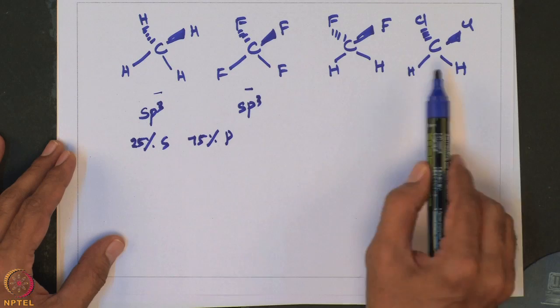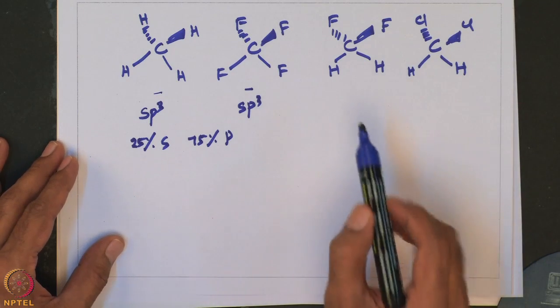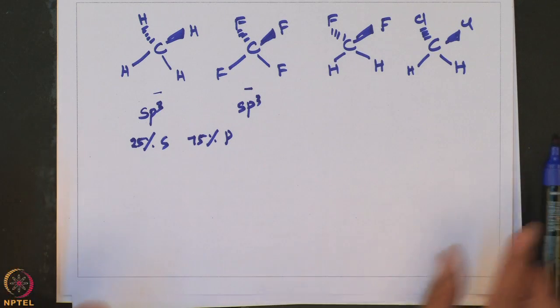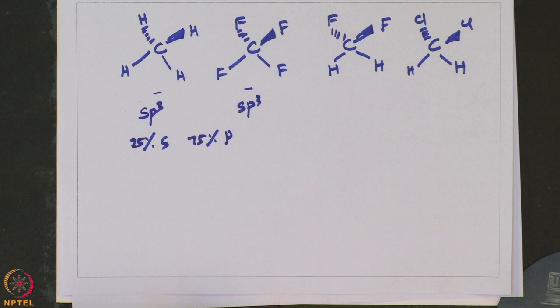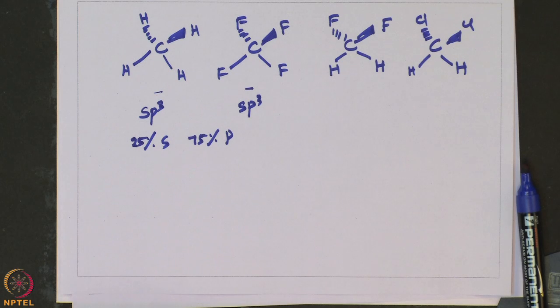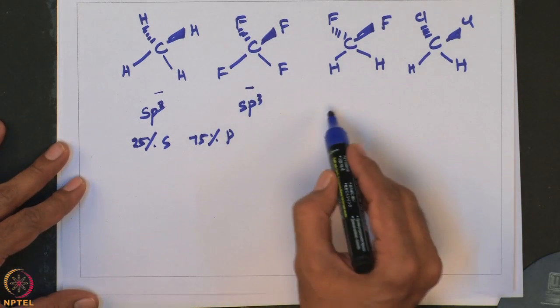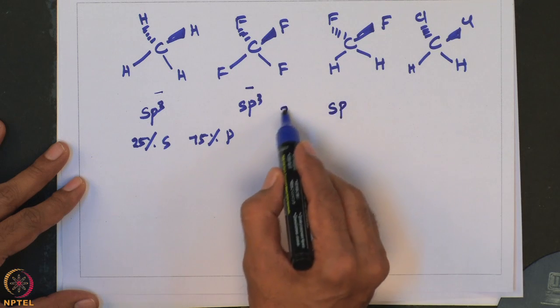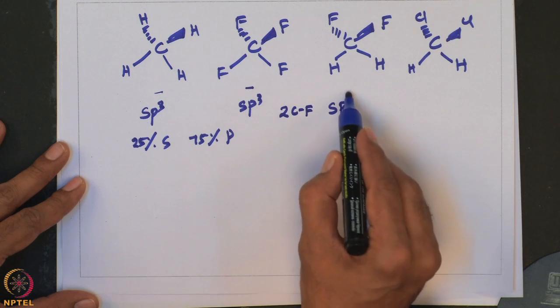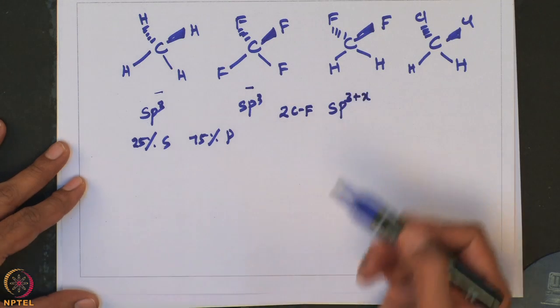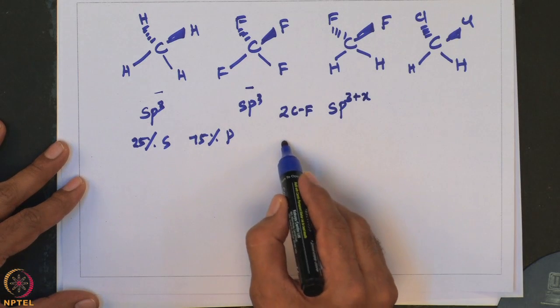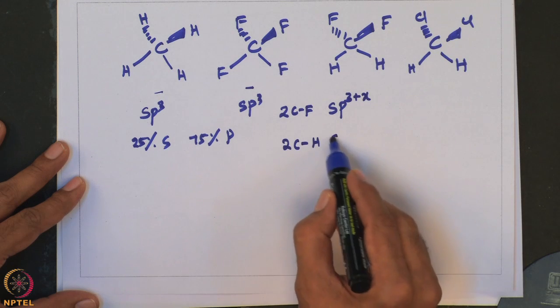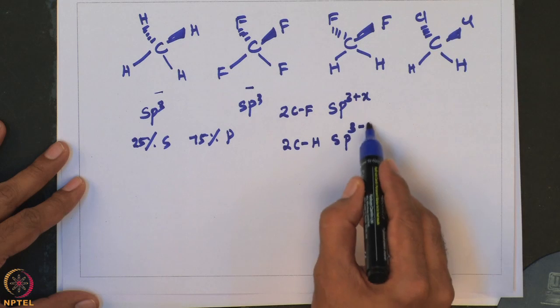But that is not the case when we go here. So, here according to Bent's rule, two CF bonds utilize sp3 orbitals having more p character, and these two CH bonds utilize orbitals having less p character or more s character. That means, I can write in this fashion: two CF bonds utilize sp3 plus x, and two CH utilize sp3 minus x.